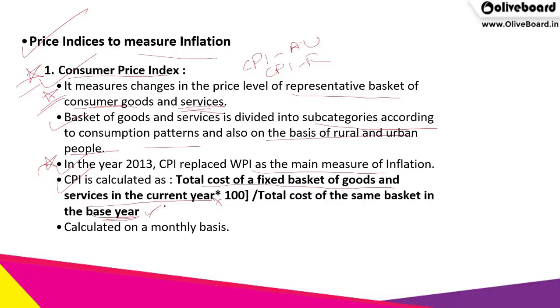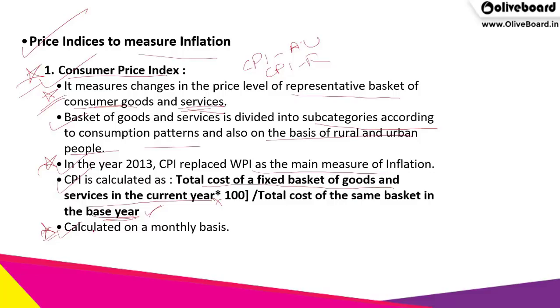Okay, now we'll be coming to know what the base year is on the next slide. It is calculated on monthly basis. So a question may come, at which frequency consumer price index is being calculated.